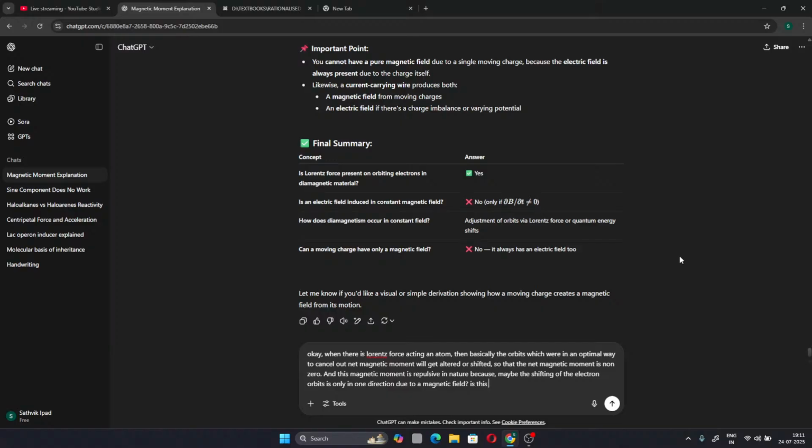Is this correct for a constant magnetic field and static?